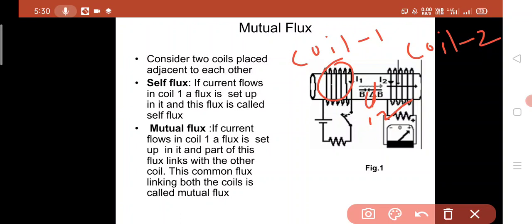This common flux linking both the coils is called mutual flux. So phi 12 is the mutual flux linking coil 1 and coil 2.